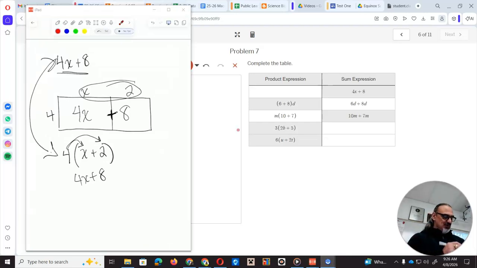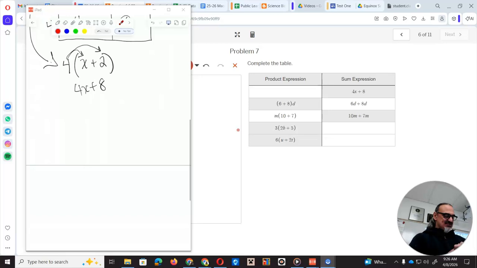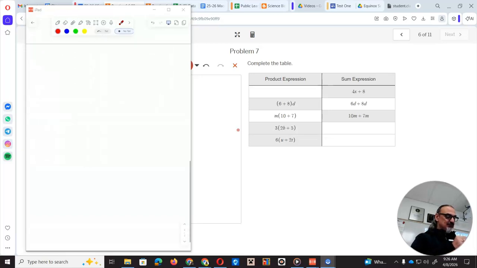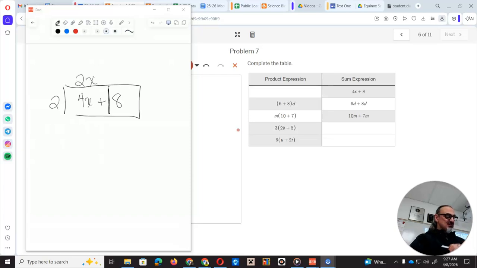And here's what's cool. So you can take this very same area model, 4x plus 8. I'll put the line here, and that's how we know it's plus. But you know what? To get 4x, I did 4 times x. Can't I also do 2 times 2x? Yes, I can.